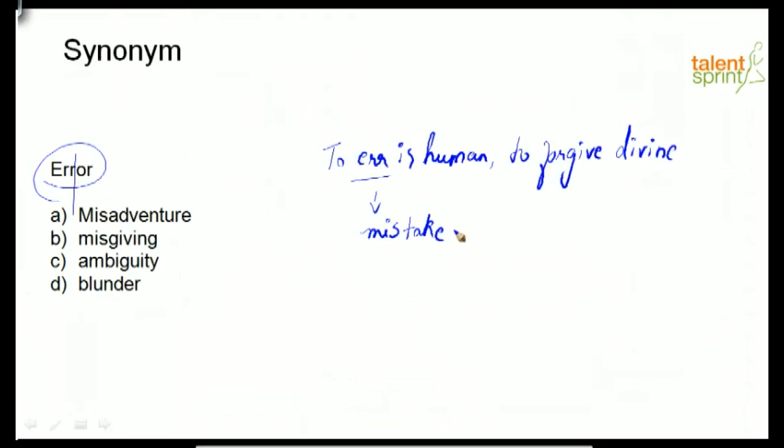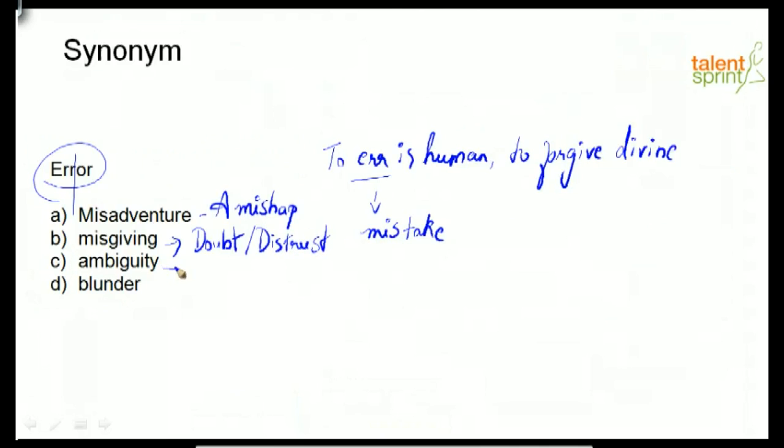Misadventure is an unfortunate event, like a mishap. So that's not what the context is saying. Misgiving. When you say misgiving, you're talking about not trusting, doubt or distrust. Right? And apprehension, basically.